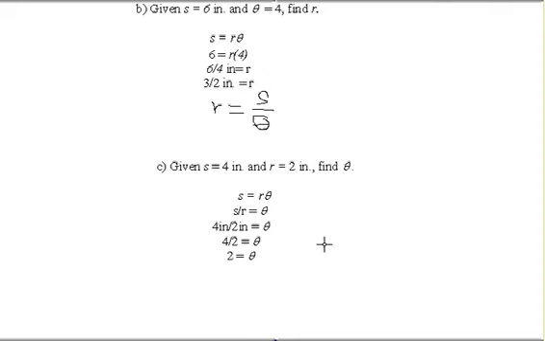So in this case, the inches cancel. We get 4 divided by 2, which is 2. 2 what? Well, since this is an angle, that 2, it is telling us purely the number of radii of 2 inches in length that are contained in that arc that's 4 inches in length.